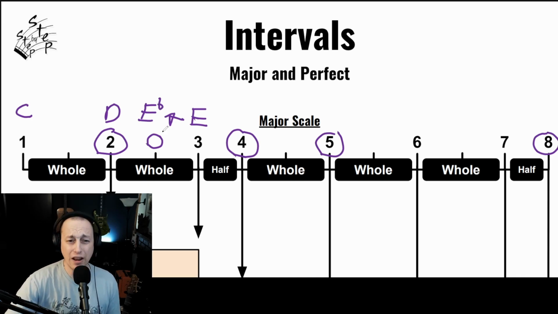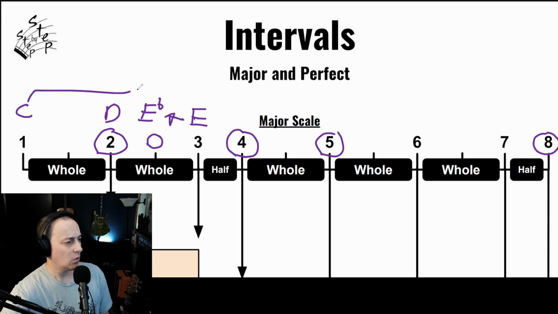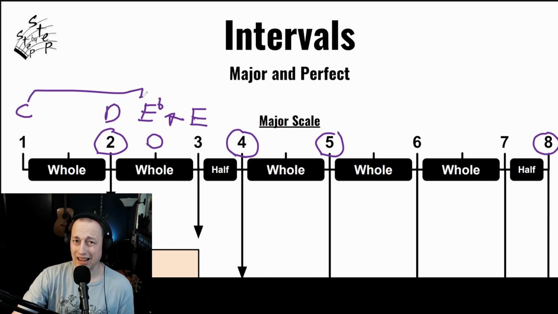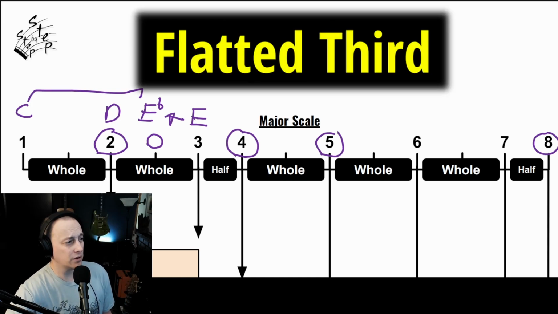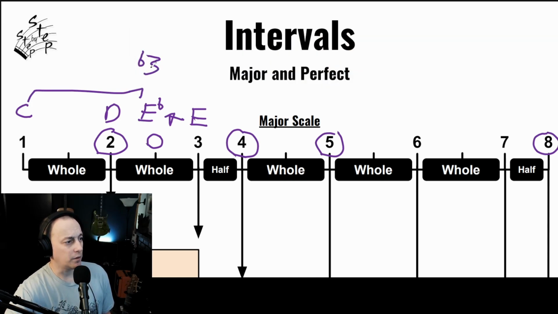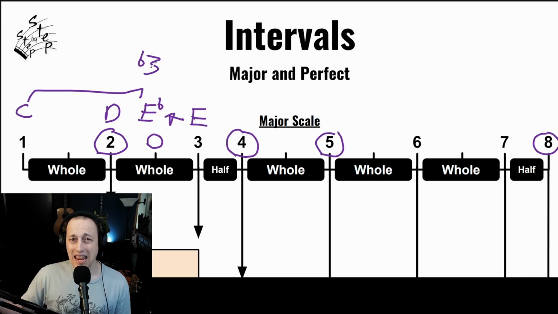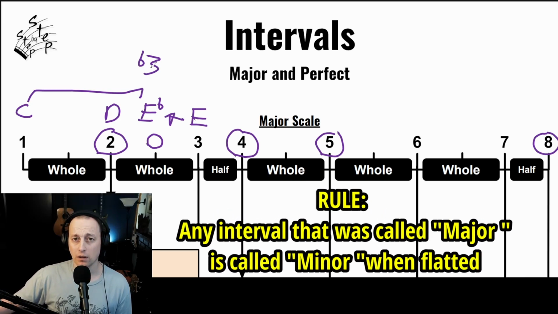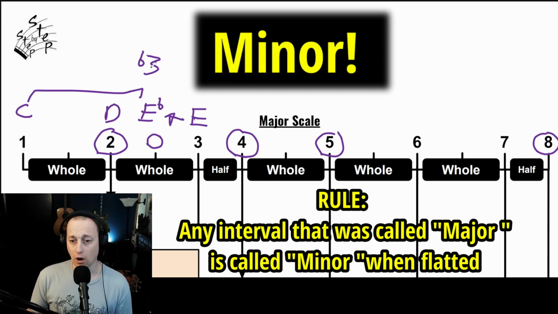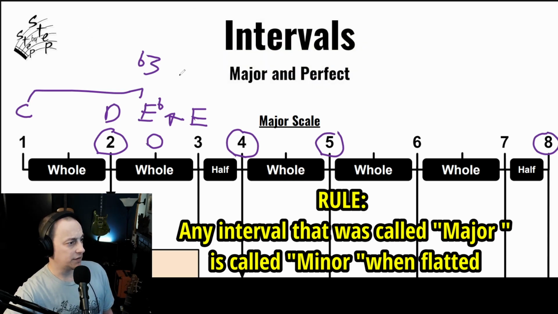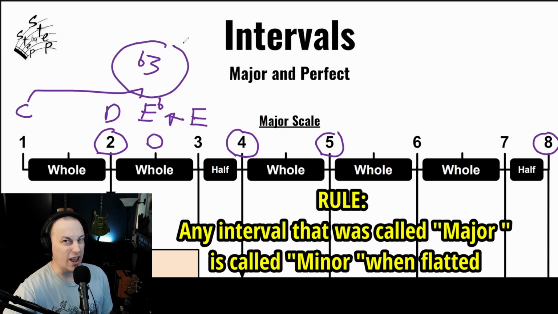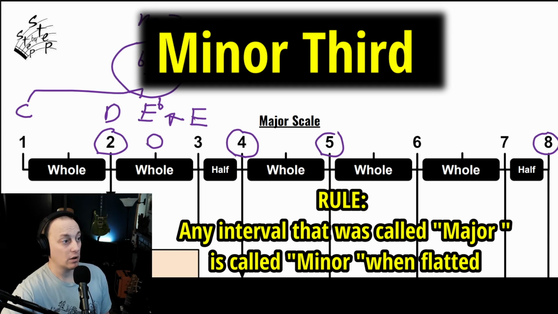So what interval is that from C to E? Well, you just learned that that's called a flatted third. We could call that a flat 3 all day long. We can take any major interval, we can flatten it, and we can call it minor. So this flat 3 here, we got another name for it. That's right. We can call it a minor third.